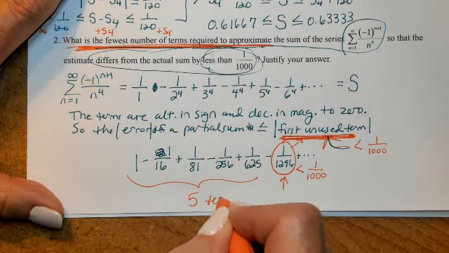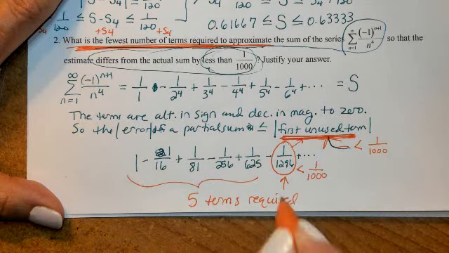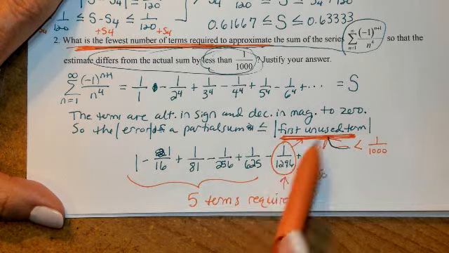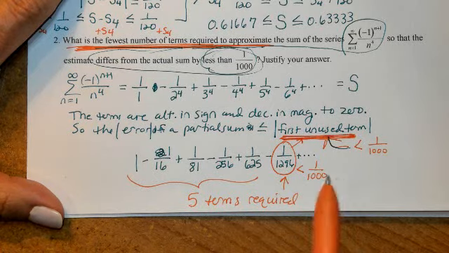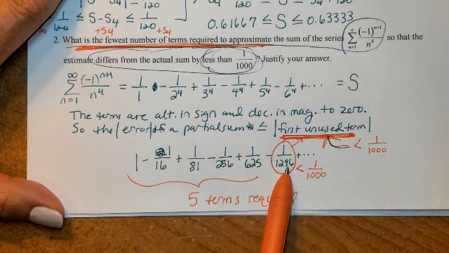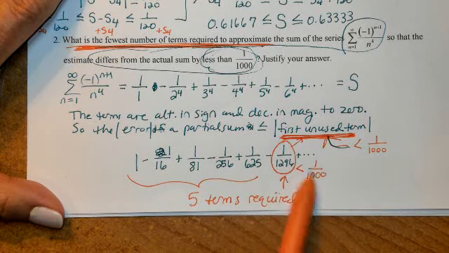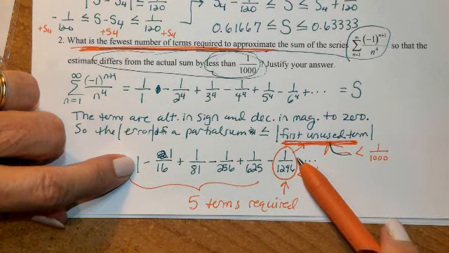5. I need to use 5 terms. This is my first unused term. I'm stressing this because you can guess why. Kids get here and they know to stop because they found one that was less than 1 over 1,000, but then they proceed to use it as one of their terms in the approximation.